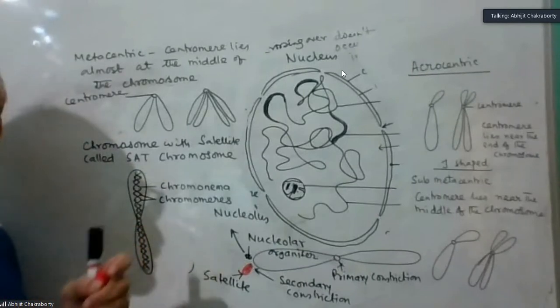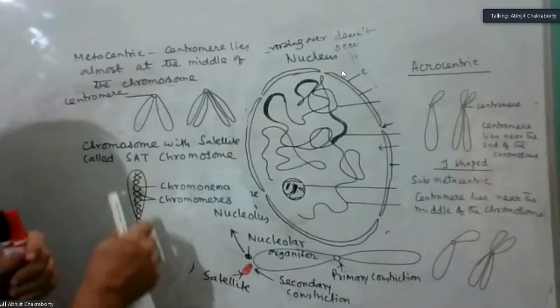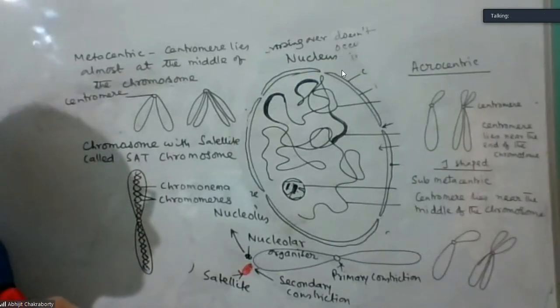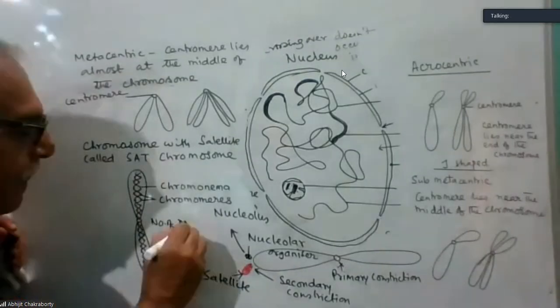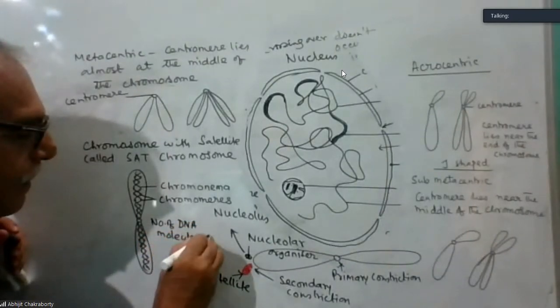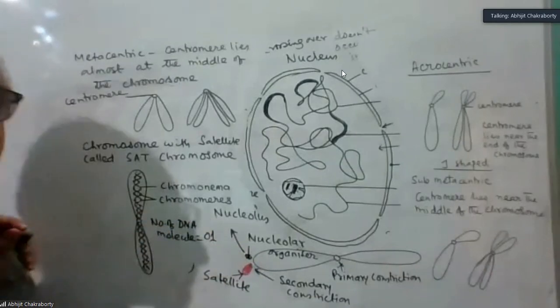Chemically, chromonema refers to the DNA. Can you tell me how many DNA molecules are present in this chromosome? One.